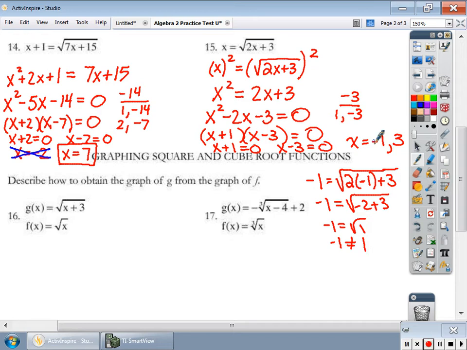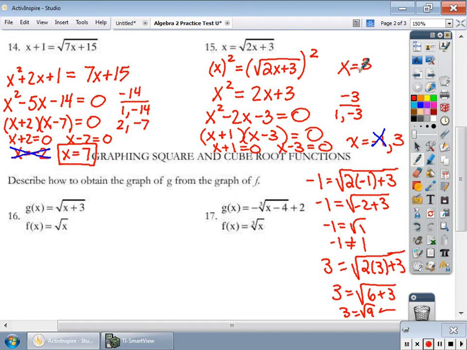And so this is extraneous. And then with 3, plug in. Does 3 equal the square root of 2 times 3 plus 3? Well, does 3 equal the square root of 6 plus 3? Yeah, 3 equals the square root of 9 because 3 is 3. And so this is your only solution. X equals 3.